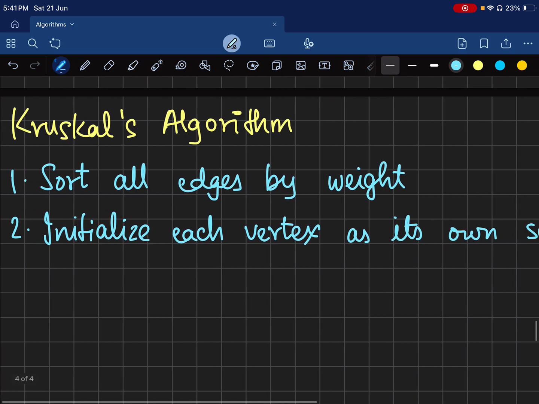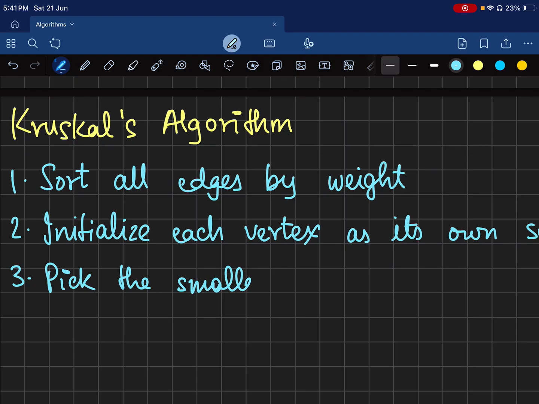The third step is to pick the smallest edge and then add it to the MST.